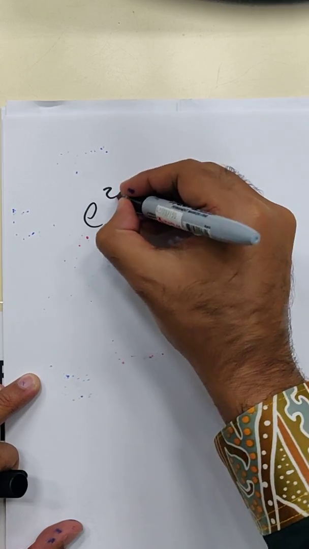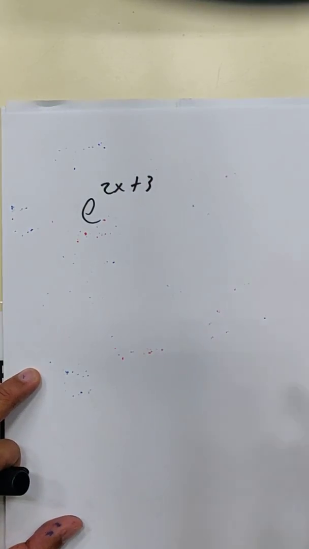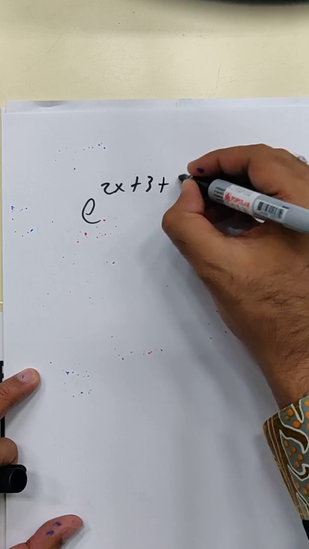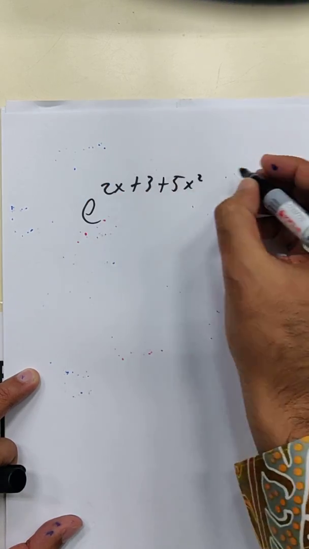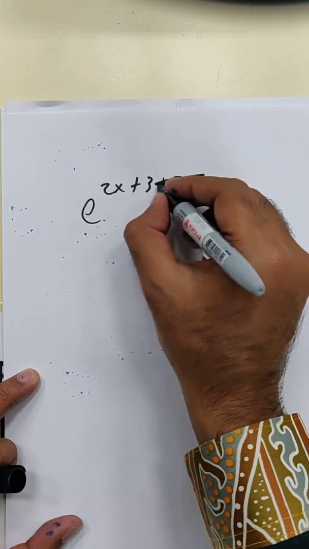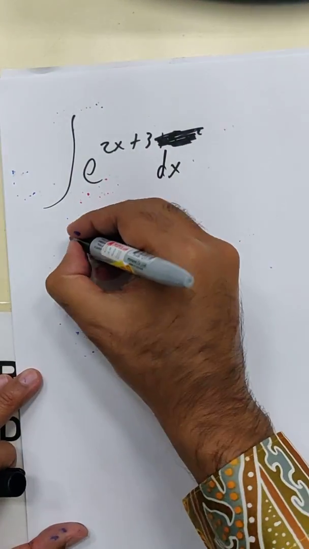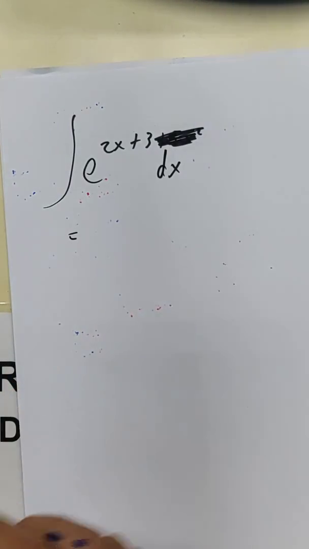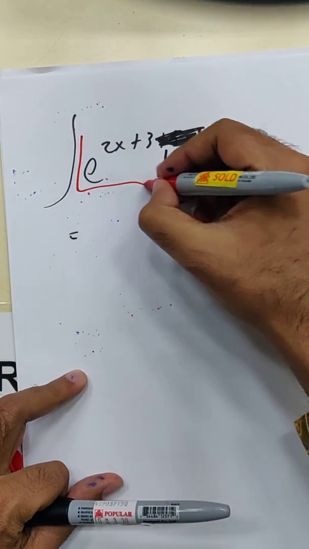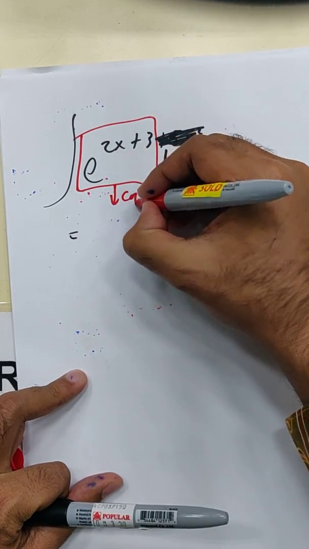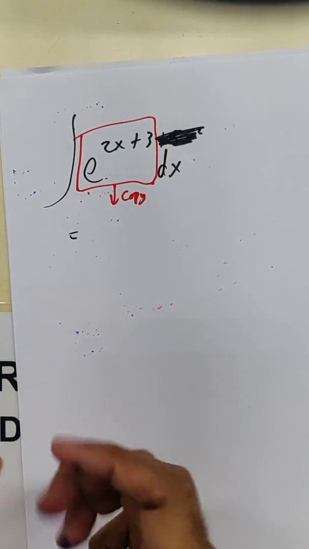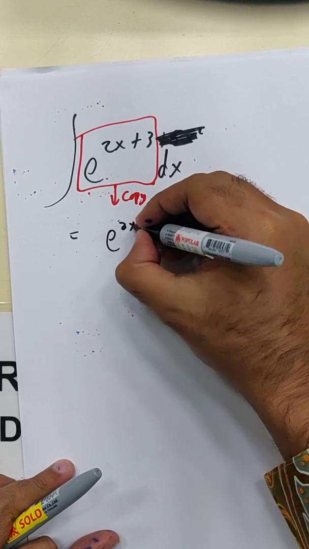So then, if I give you something a bit more complicated, of e to the 2x plus 3, let's say plus 5x squared. Oh, sorry, no, this is not. Firstly, you copy back e to the 2x plus 3.